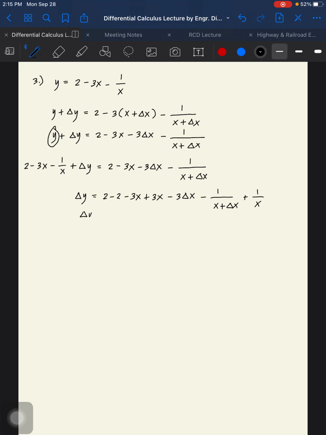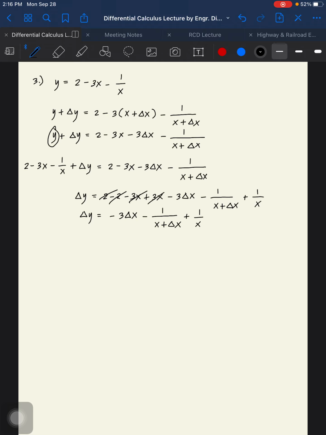So this becomes 0. What's left is negative 3 delta x minus 1 over x plus delta x plus 1 over x.